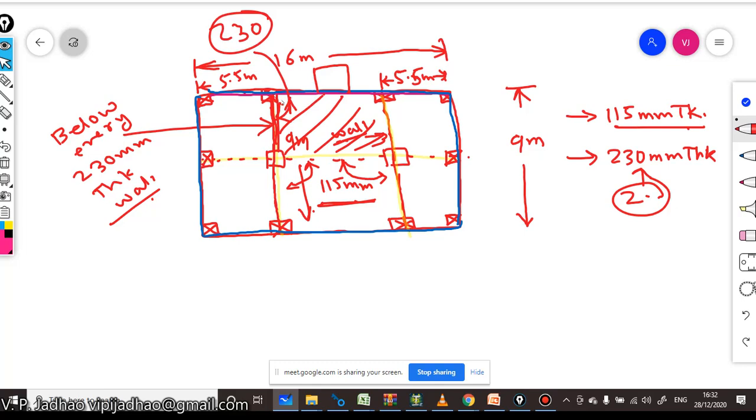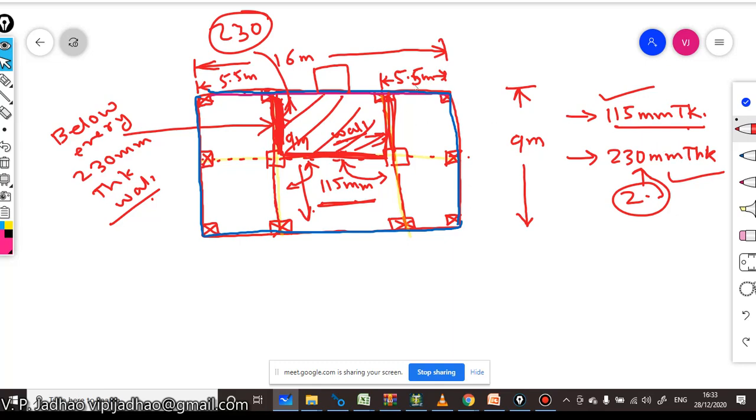The main purpose will not be only partition, but at the same time we will require safety. Therefore these three walls will be made 230 mm. So partition walls will be 115 mm thick, whereas the walls which are outside the area of your flat will be 230 mm thick.